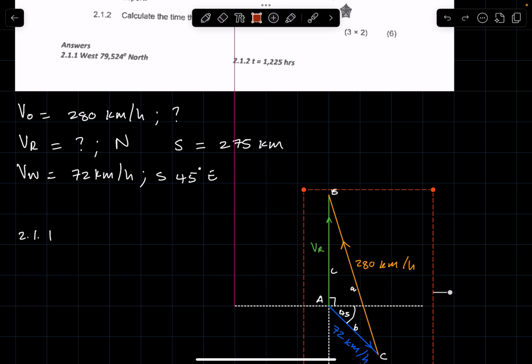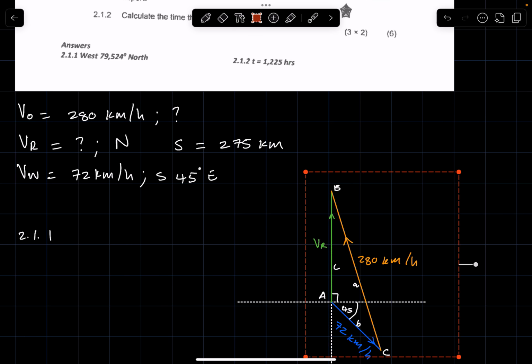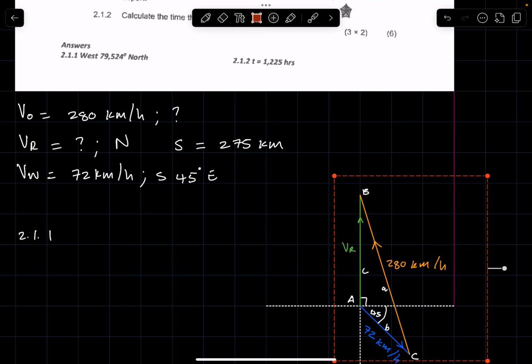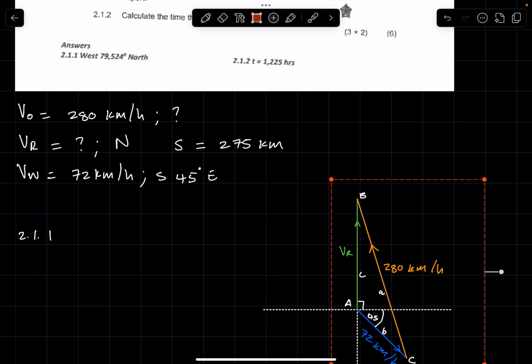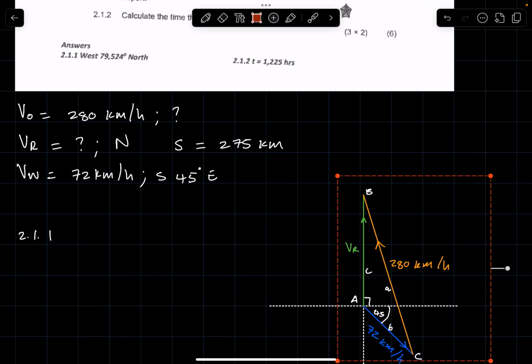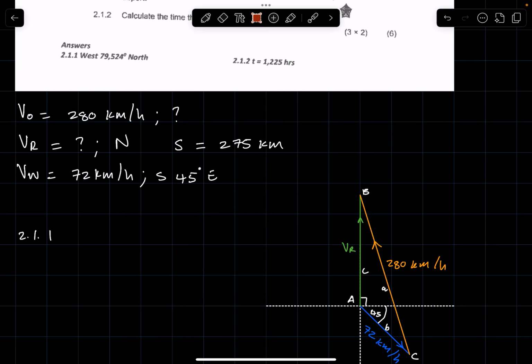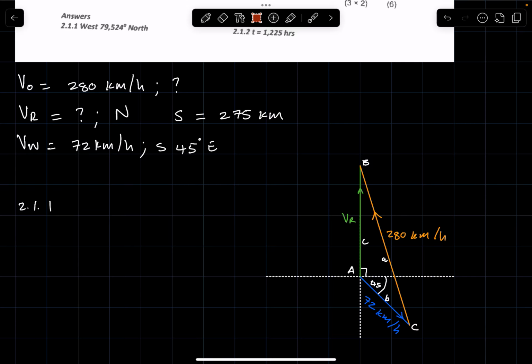let's put this here. If we look at this practically, remember here, essentially, the vector that represents the aircraft is VO.